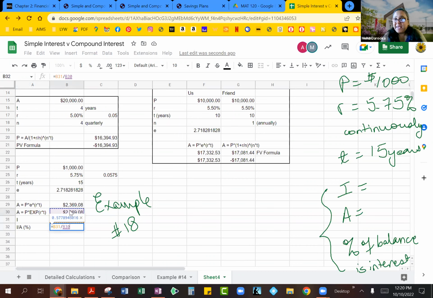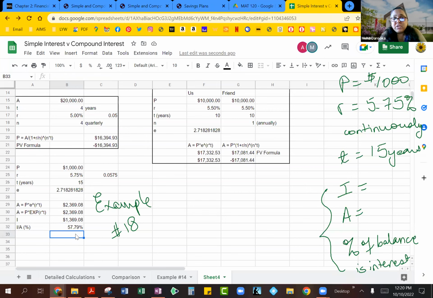And since you're doing basic division, this will come out to be a decimal number. Okay, Amanda, perfect. I'm glad that it worked for you also. So you will get a decimal answer. And then this one, remember I told you, just click on that format as a percent icon here, and this will automatically convert it to a percentage for you.